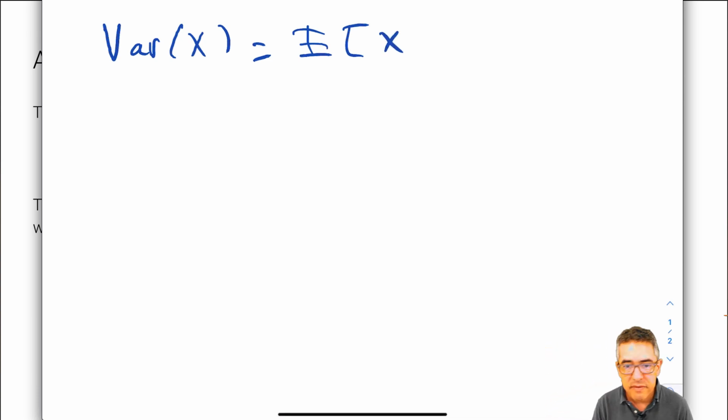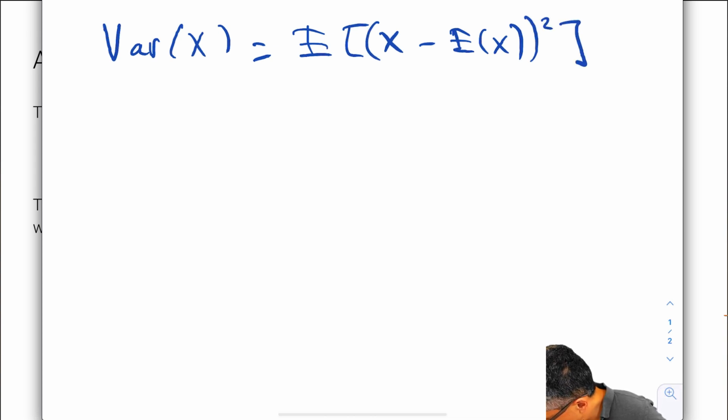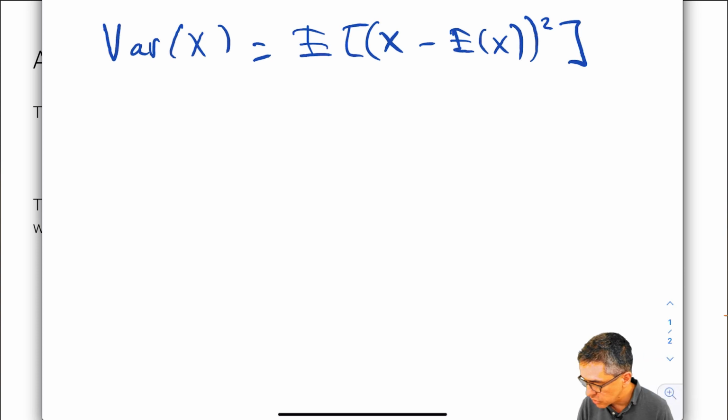So what is the definition of the variance? It is the expectation of, and I will be using interchangeably expectation with square brackets and parentheses just to make the notation more convenient. It is the expectation of the square of the deviation of x from its expected value, right?